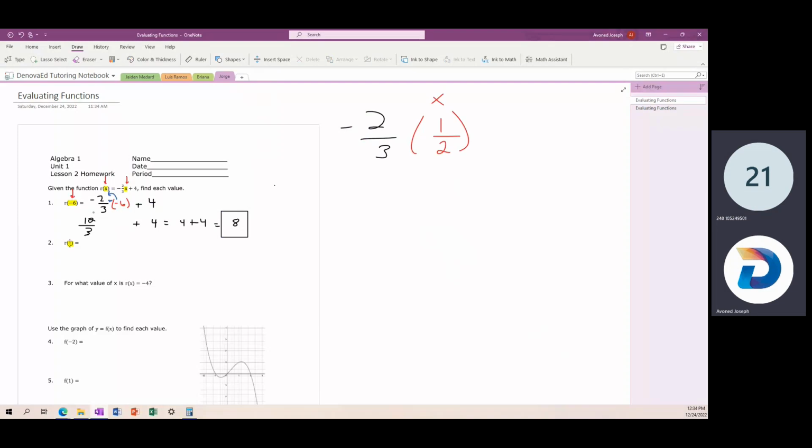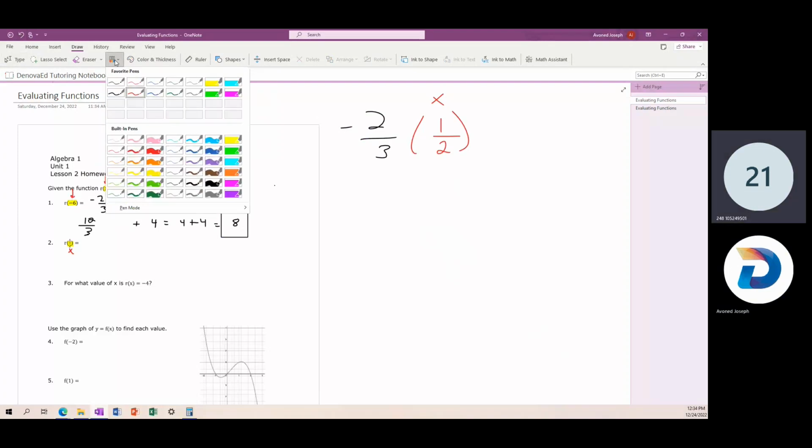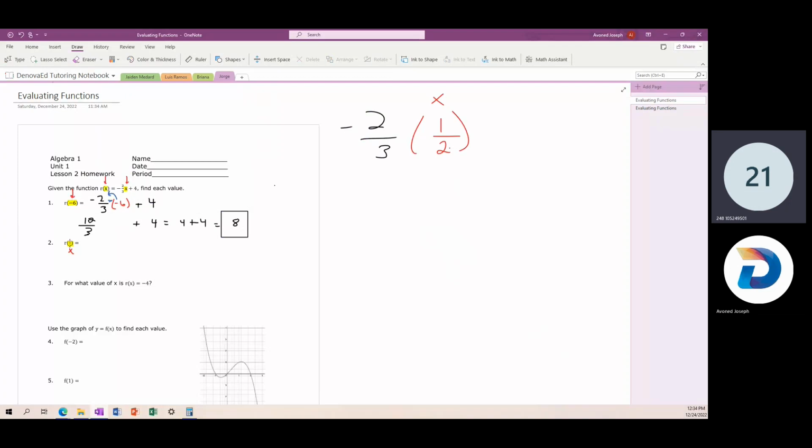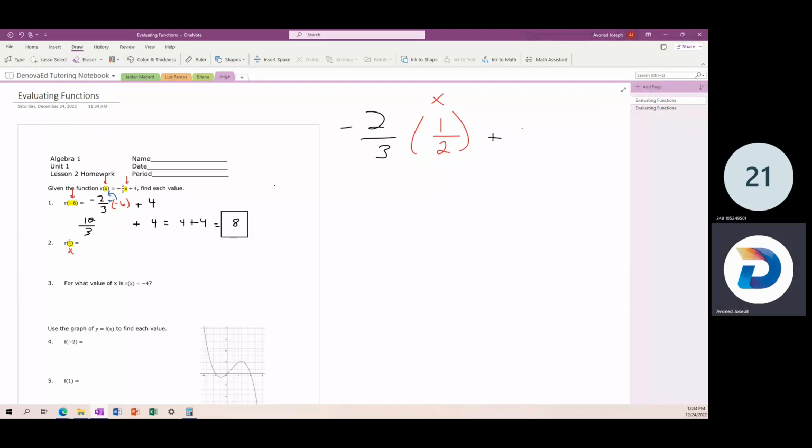That's what x is. And then what's left over at the end? We got -2/3 times 1/2 plus what? What's at the end of the equation?